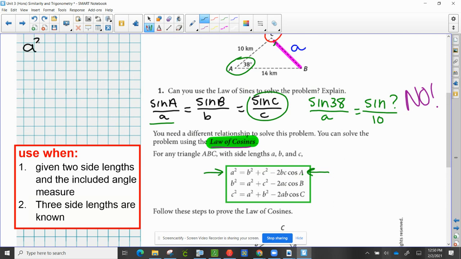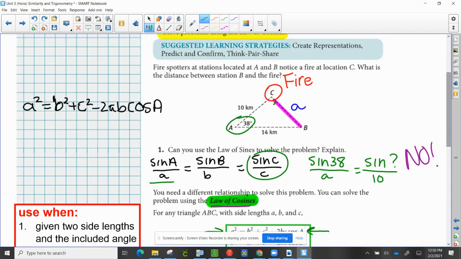So that says a squared is equal to b squared plus c squared minus 2ab times the cosine of angle A. So let's plug in what we know. Let me relabel this because I erased it. This is little b and this is little c. So we don't know a. That's our unknown.